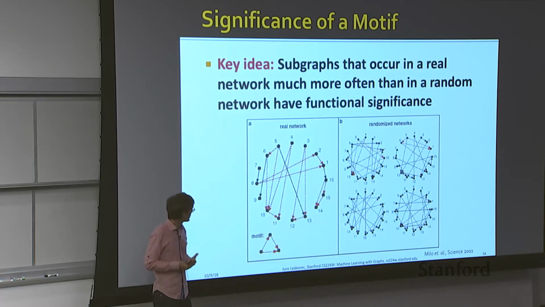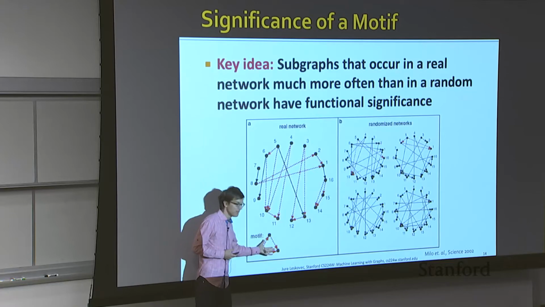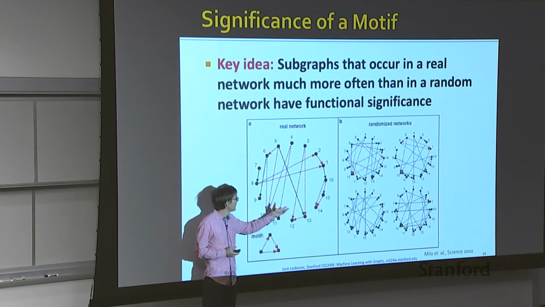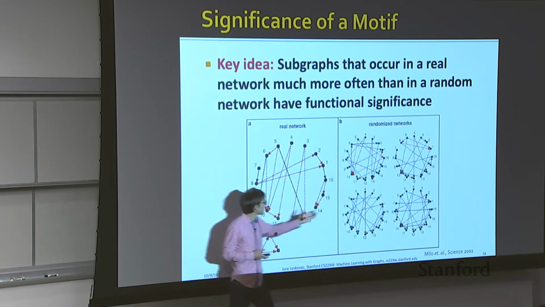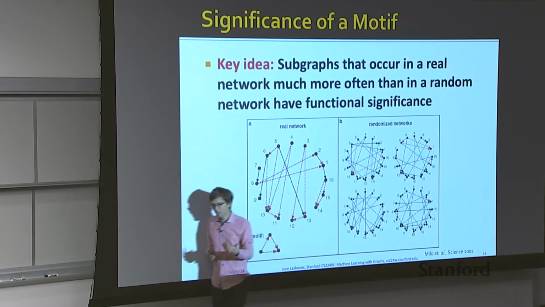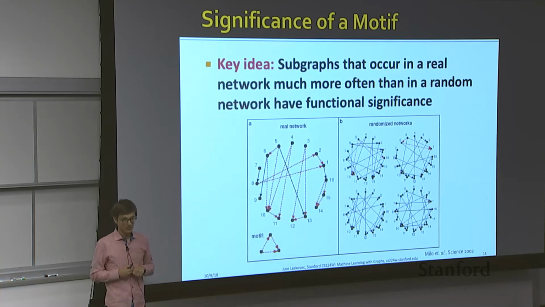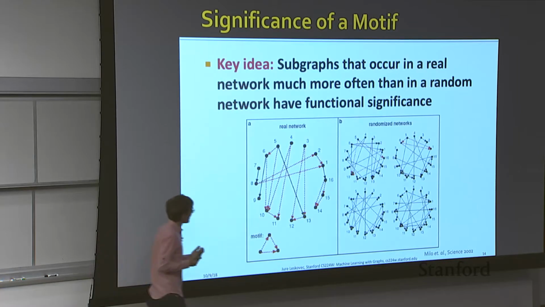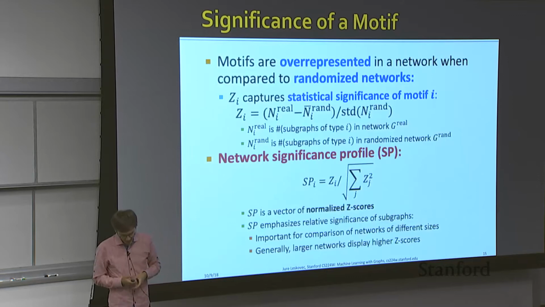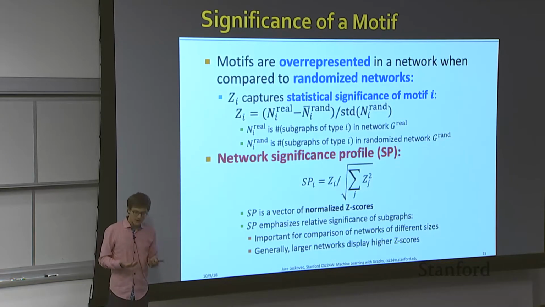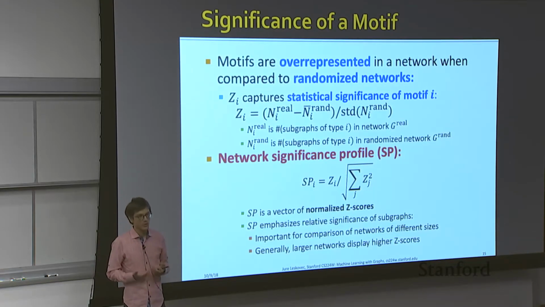So our conclusion would be that this motif is overrepresented in the target network when compared to some kind of null model random networks. Okay? So let me now tell you how you compute this significance. And significance is essentially just a z-score.